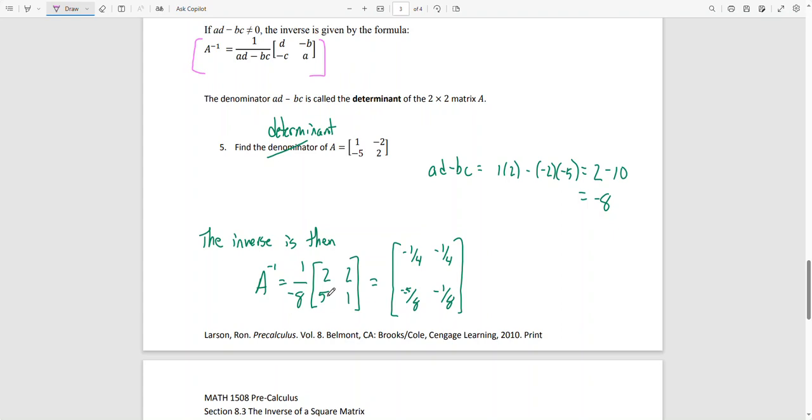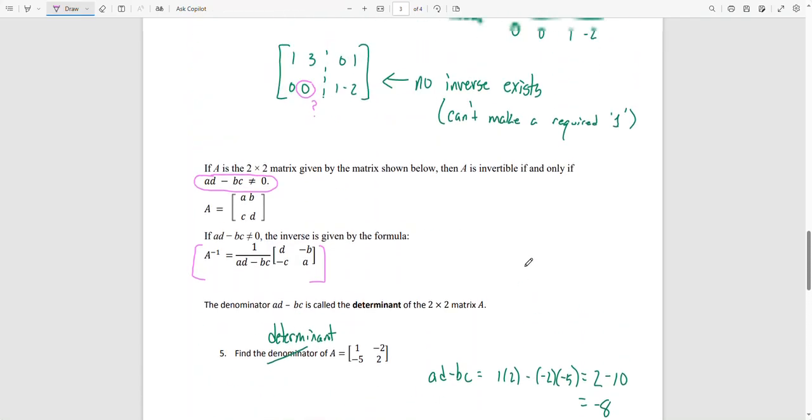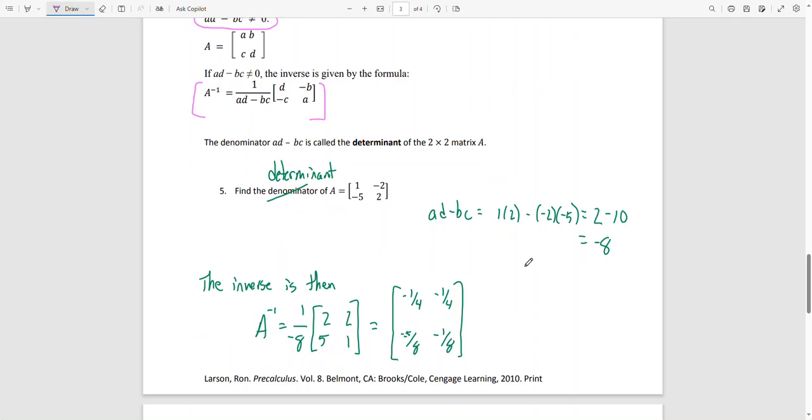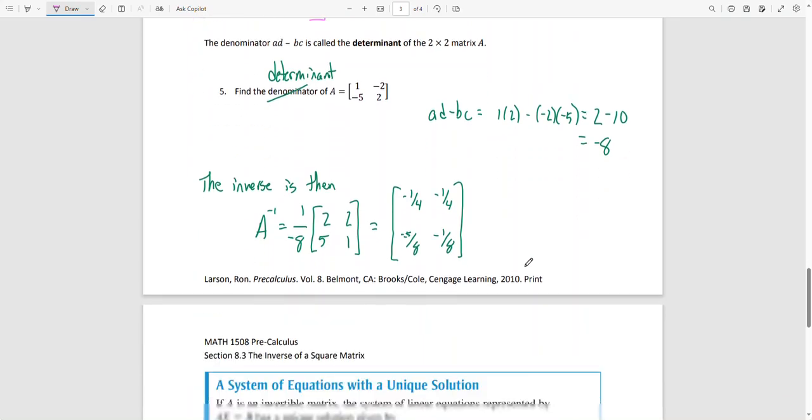And we'll have 1 over this negative 8 determinant. So that's a negative 2/8, which I simplified, negative 5/8, and a negative 1/8 for the inverse. This is a far easier process than that. I use this process almost exclusively, and I encourage you to do so too.